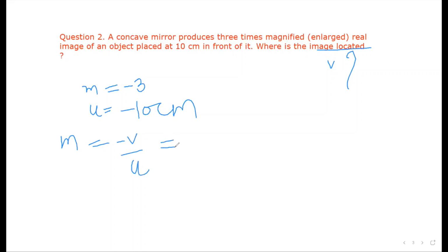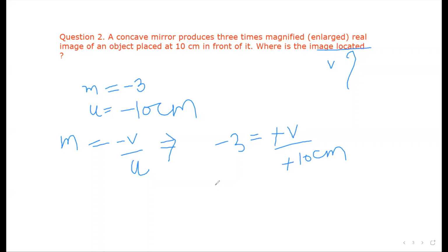So let's see. Magnification is given to us, that is minus 3 equals to minus v by u. V we don't know, we have to find v. And what is u here? That is minus 10 centimeter. So minus and minus cancel out.